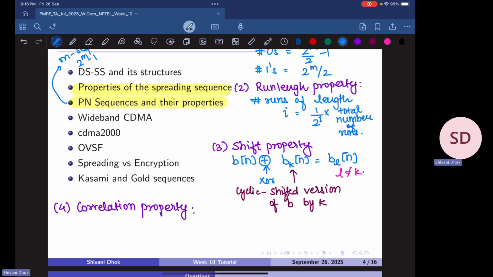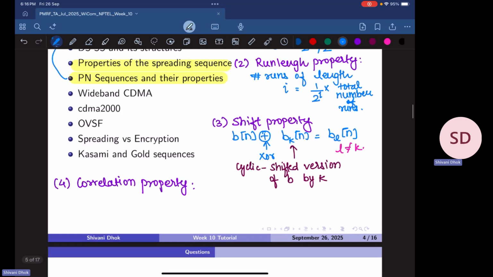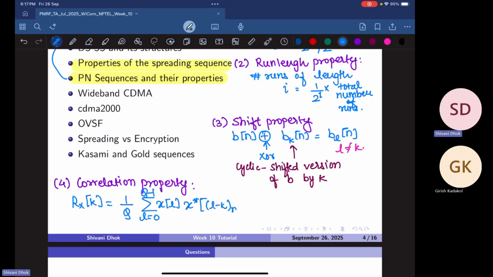And the correlation property here says that the correlation Rx of k is given by 1 over q summation L equal to 0 to q minus 1 x of L into x conjugate of L minus k mod q is minus 1 by q.